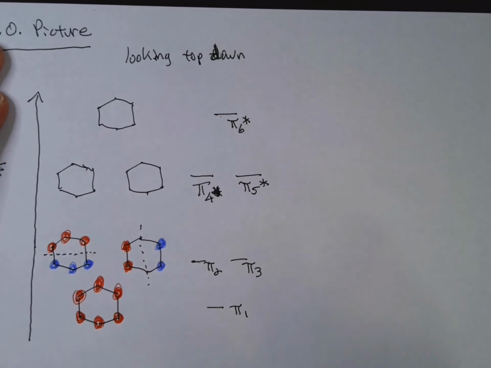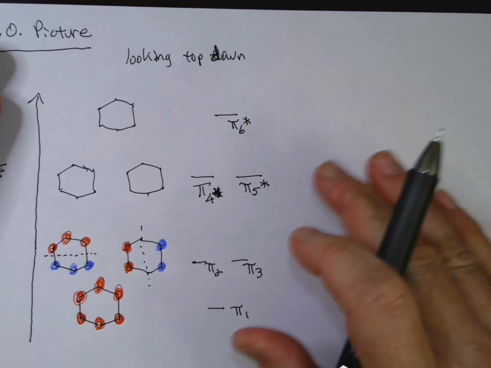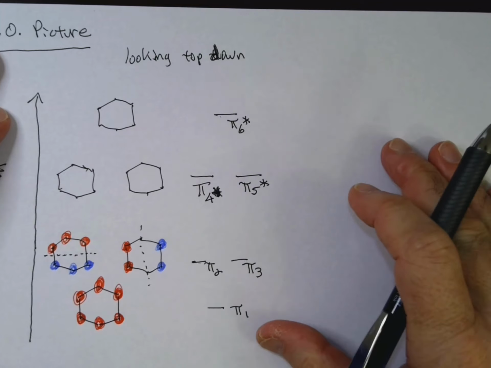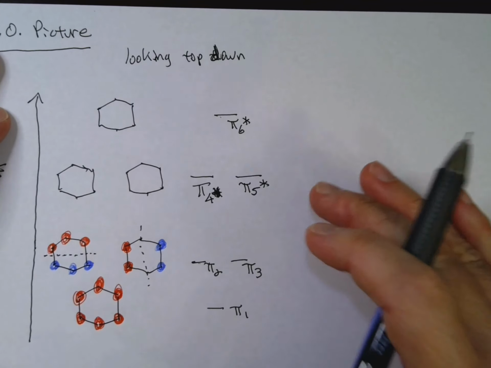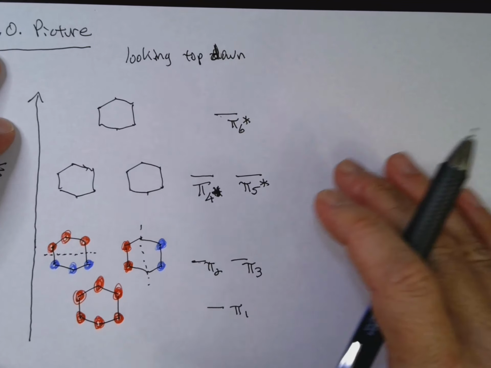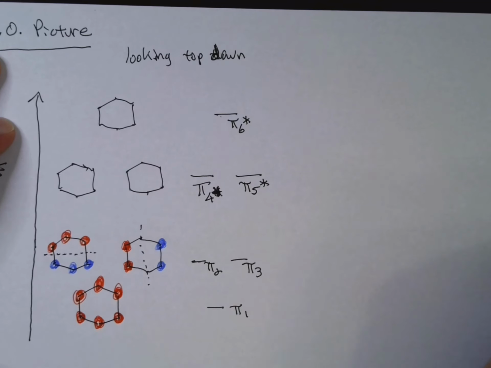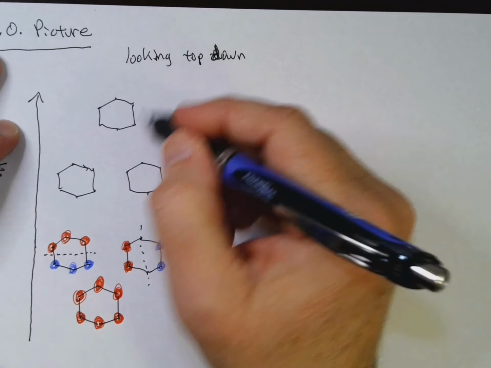Now, do I expect you to draw these? Actually, no, I don't. I'm not going to ask you to draw these on a quiz or an exam. I do want you to understand that we have this molecular orbital basis for the stability of benzene.